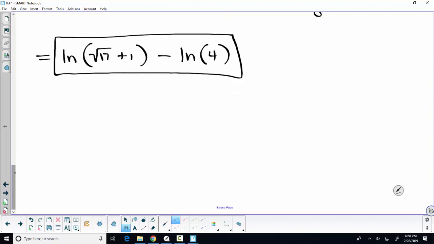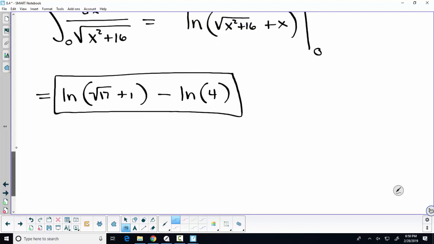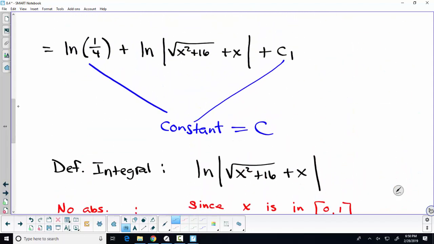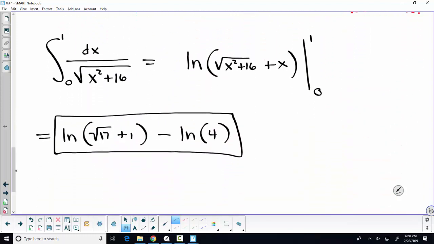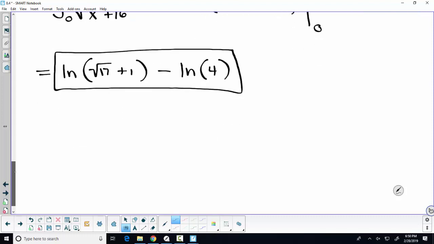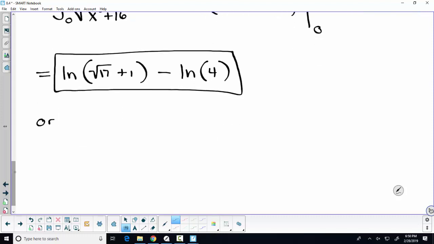Yeah, right. We have to add back ln 1/4. No, that was a constant that got absorbed with the other constant. I see. Okay. So it's in there. See, ln 1/4 is in here, minus ln of 1/4 in here, so they're adding up to 0. Or we could write this as a single logarithm. It's the natural log of root 17 plus 1 over 4.